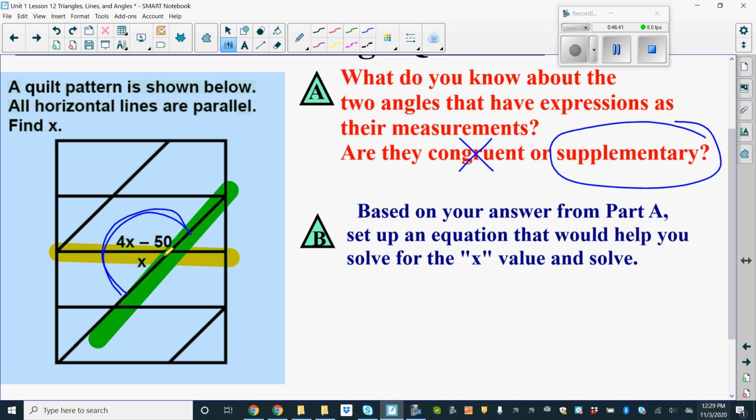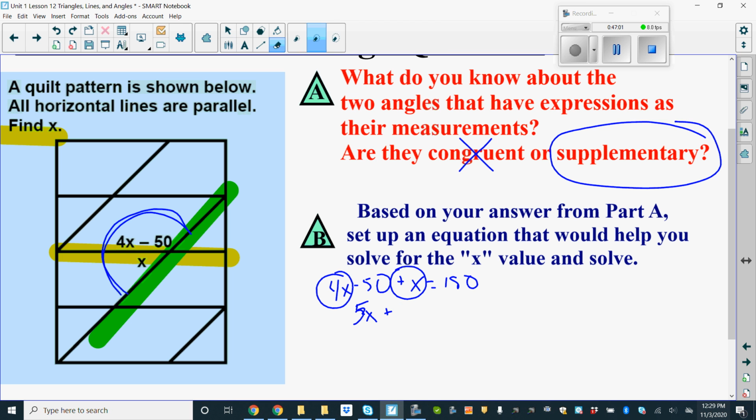So to solve for x, we have to do 4x minus 50 plus x equals 180. They just want us to solve for x. That's it. So when we now are combining the like terms, we have 5x minus 50 equals 180.